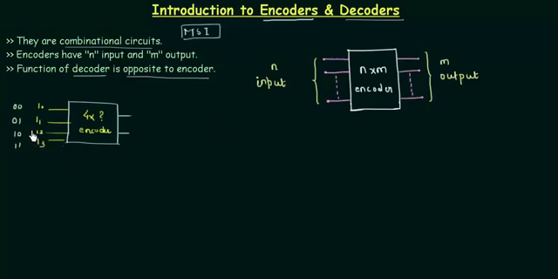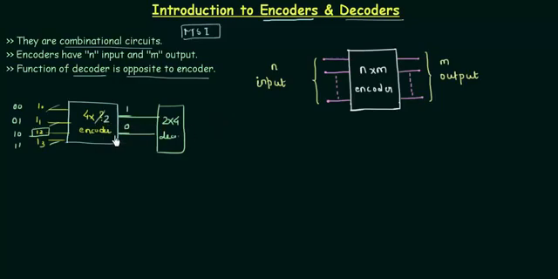Let's take one example. If I2 is high, then instead of sending these 4 lines, in which 3 lines are not high and have no use, I can send 2 lines in which the first bit will be 1 and the second bit will be 0, and at the receiver's end it can be decoded again using a 2 cross 4 decoder. This question mark will now be 2.